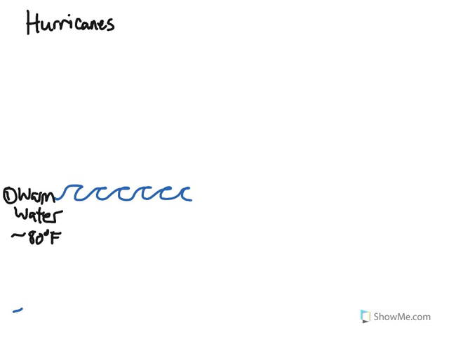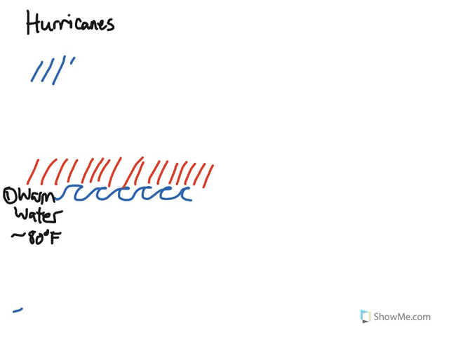And associated with this warm ocean water is warm, wet air. The reason it's warm is because the ocean water under it is also warm, and the reason it's wet is because you have a bunch of water evaporating from the ocean into the air. So you have this region of warm, wet air. Then up at the top, your cold reservoir is going to be this cool, dry air that is higher up in the atmosphere.